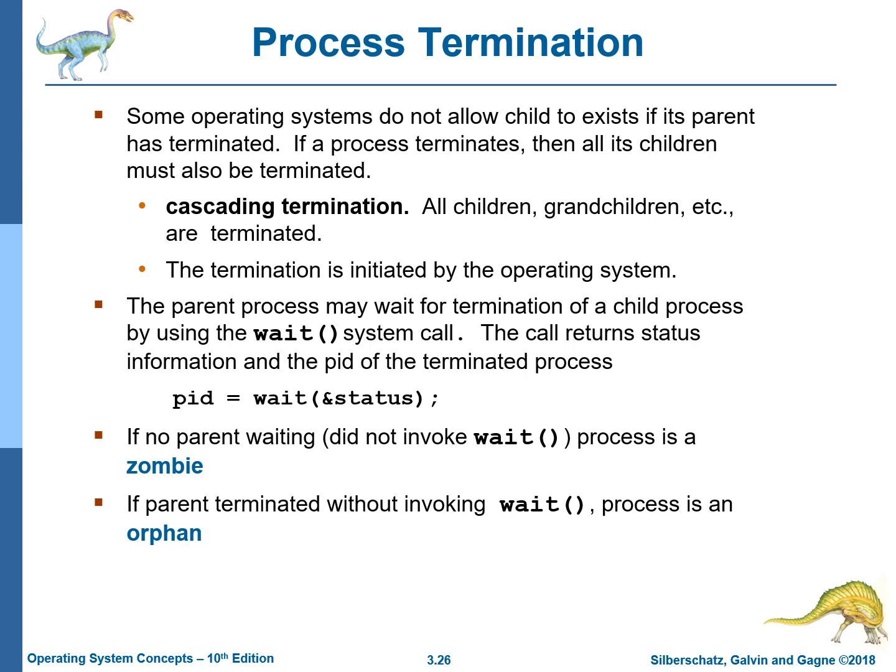The parent process may wait for termination of a child process by using the wait system call. The call returns status information and the PID of the terminated process. If no parent is waiting, did not invoke wait, process is a zombie. If parent terminated without invoking wait, process is an orphan.